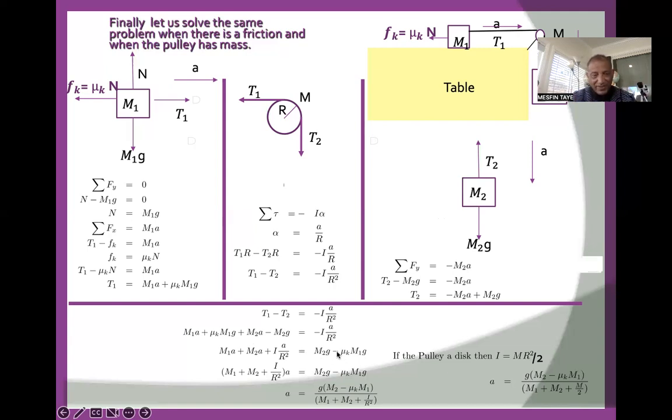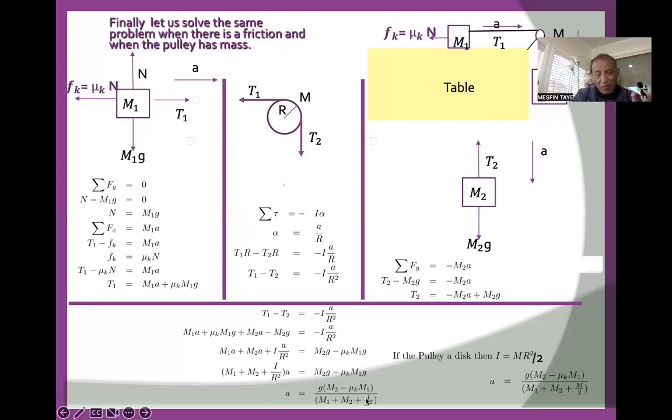Here A is common, so M1 plus M2 plus I over r squared times A is equal to M2G minus mu k M1G. Divide by that term, and the acceleration is going to be G times M2 minus mu k M1, over M1 plus M2 plus I over r squared.